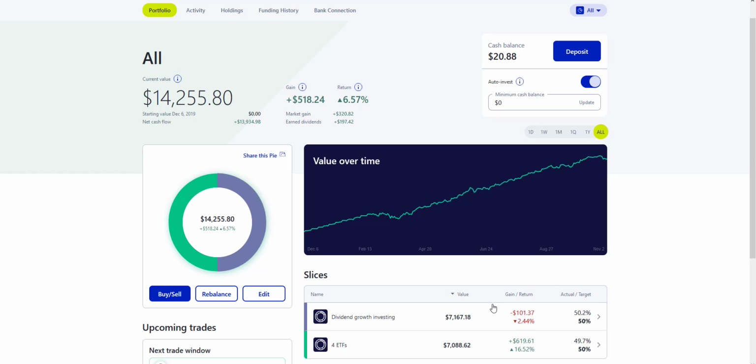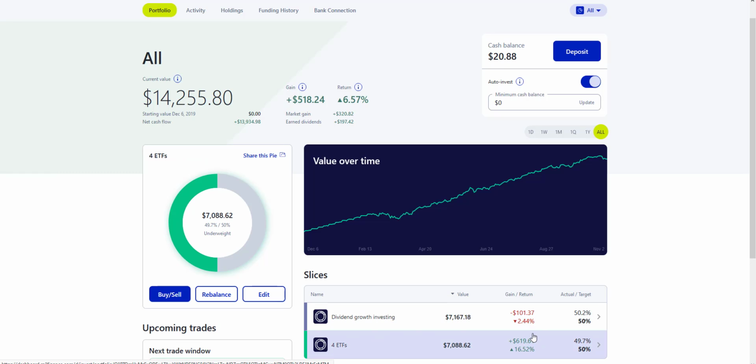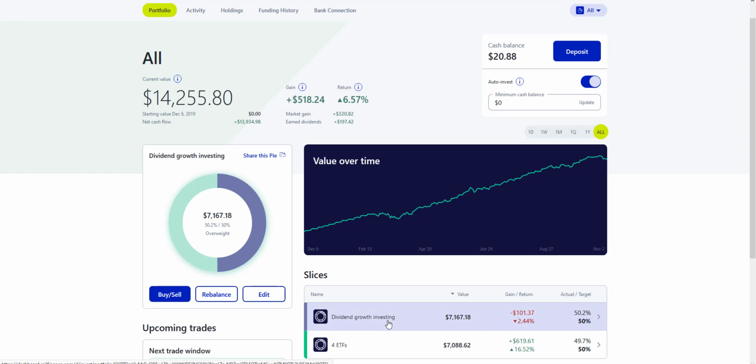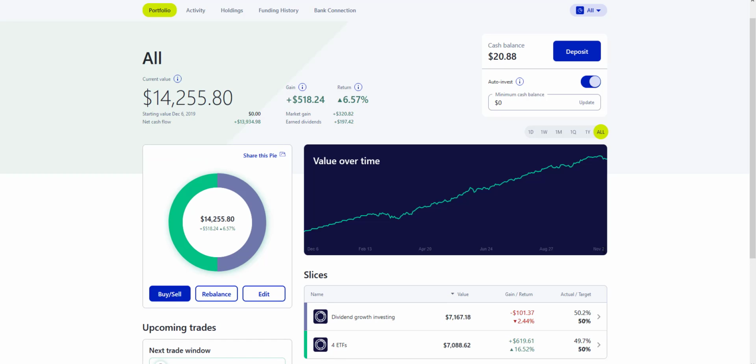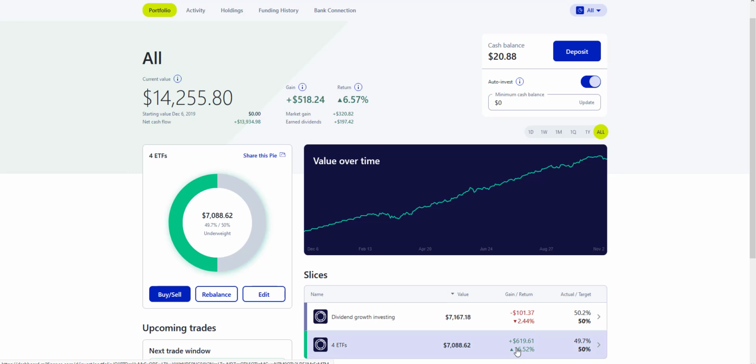Now let's take a look at the current status of the dividend growth portfolio and the index-based portfolio. As you can see here, the dividend growth portfolio as of today, November 2nd, 2020, has a negative return of 2.44%, but the index-based portfolio has a positive return of 16.52%.